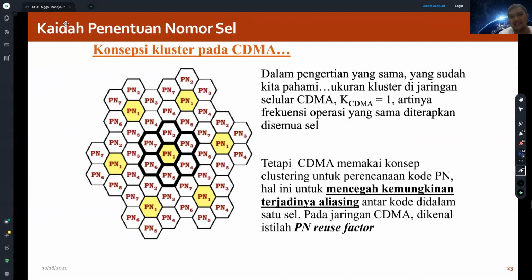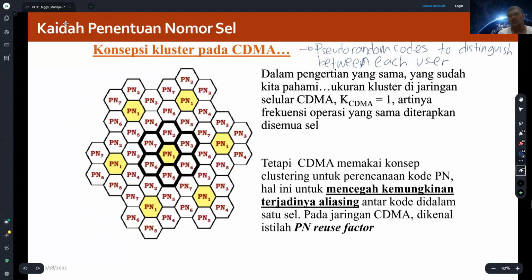CDMA is the multiple access that utilizes pseudo-random codes to distinguish between each user, which means that within one cell, there will be no different user that has the same pseudo-random code, since they would interfere with each other.